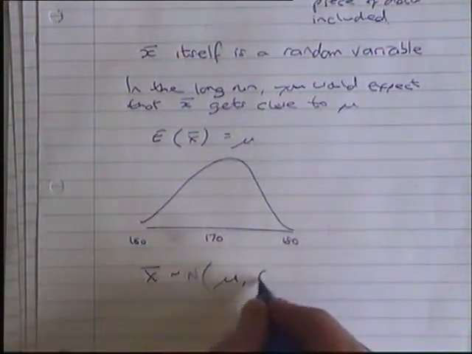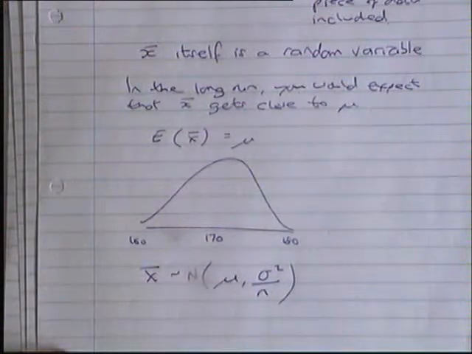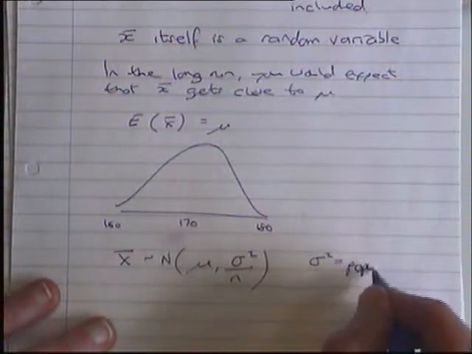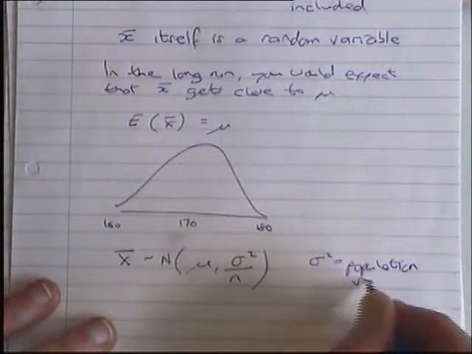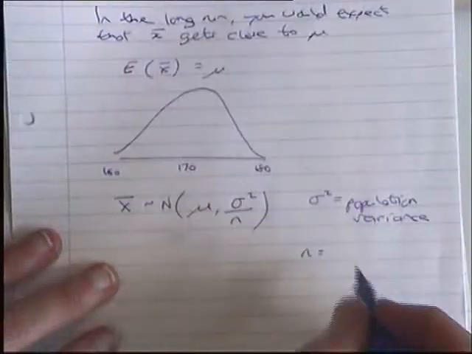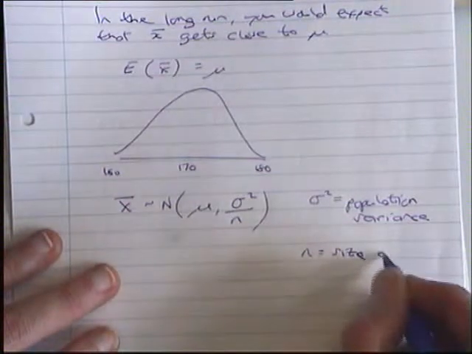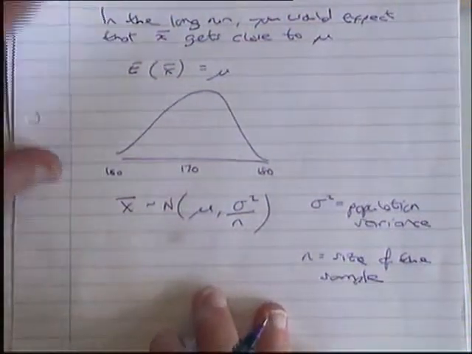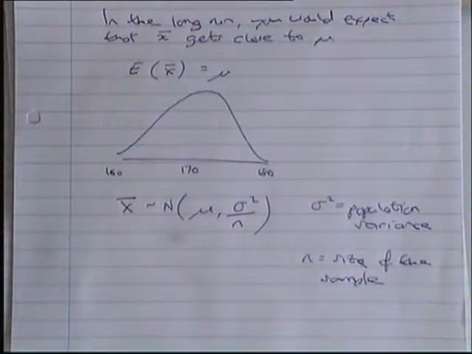The variance of x bar is sigma squared over n, where sigma squared is the population variance, which you wouldn't normally know in practice, and n is the size of the sample. So as the sample size increases, the spread of these sample means decreases. And if you think about it, that makes sense.